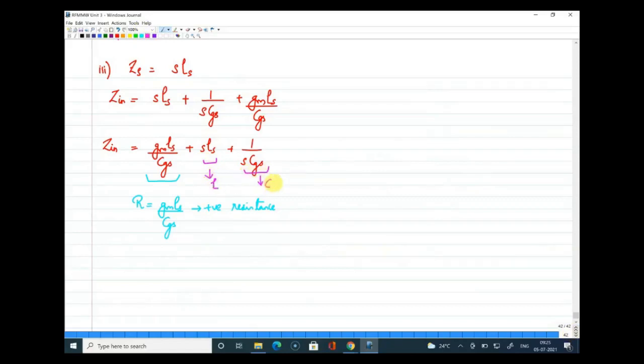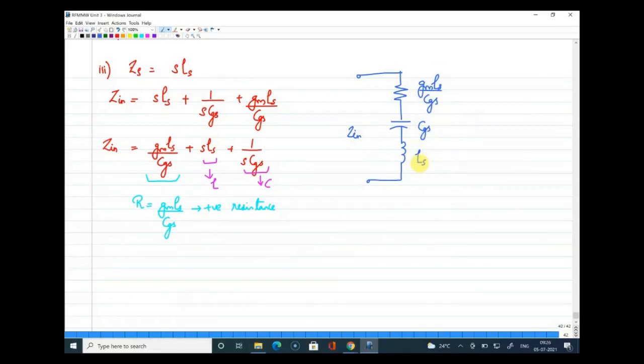This looks attractive, because the input impedance has a resistance term, an inductance term, and a capacitance term. The resistance is GmLs by CGS, and this is a capacitance of value CGS and an inductance of value Ls.